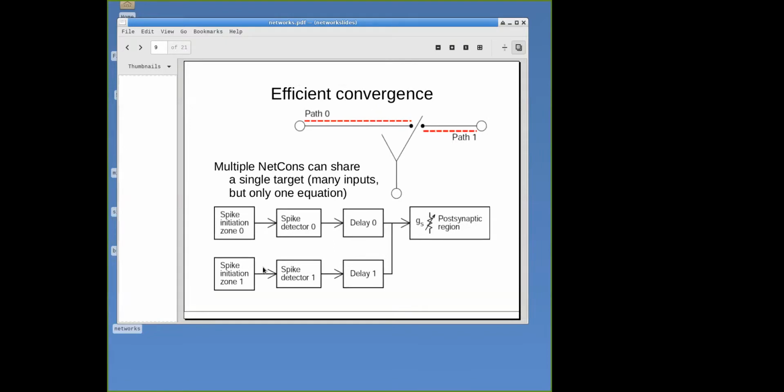What about convergence? Well, as long as your synaptic mechanism is described by a set of linear differential equations, then multiple netcons can share a single instance of that mechanism. Okay, because superposition will hold.